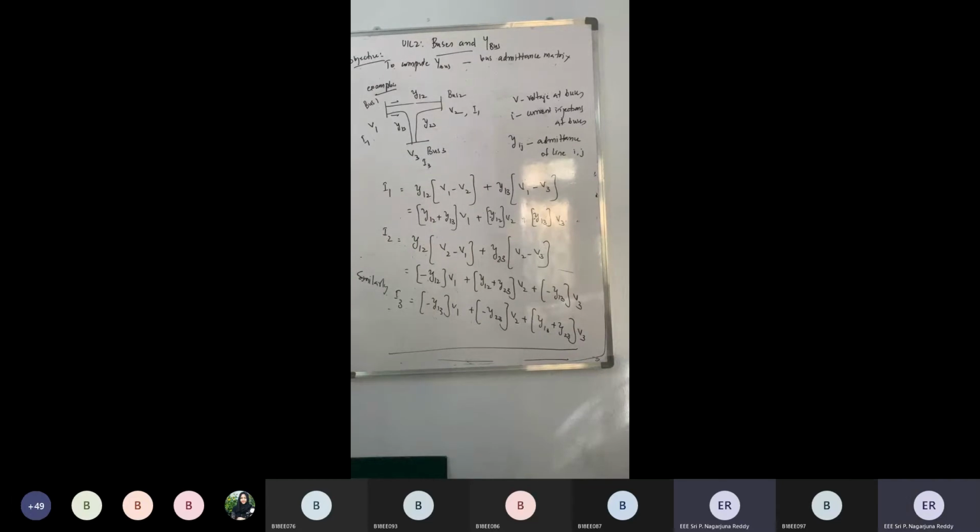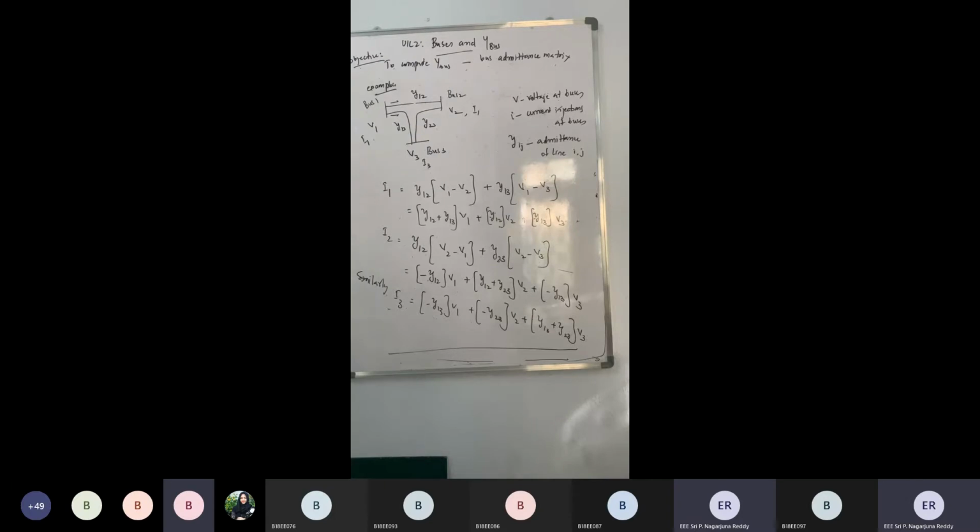Are you able to see the equations on the board? Have you understood this equation? Are you able to see?